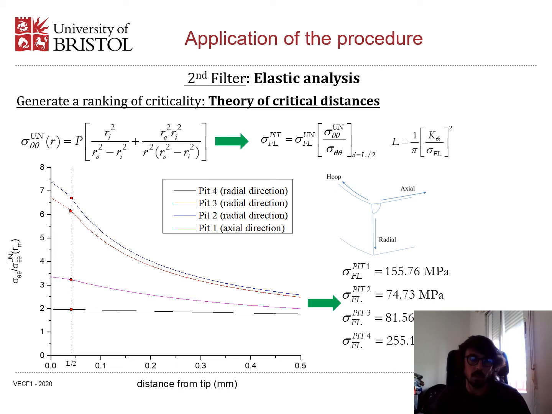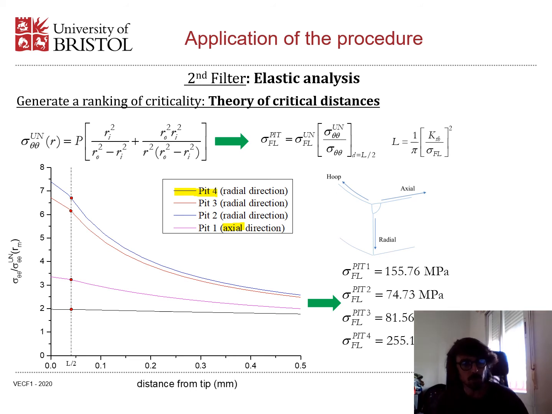So here are the different stress fields for the different pits. We selected the most severe stress field to display in this graph, but we calculated, of course, the stress fields in the different directions to be able to capture the most severe one.